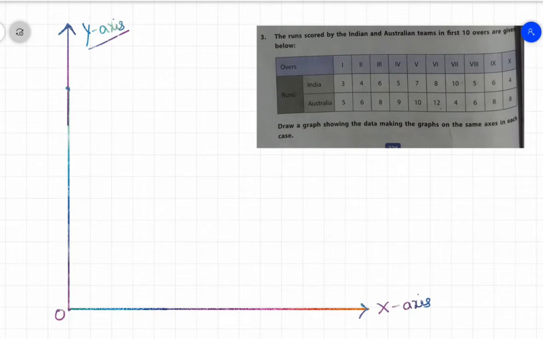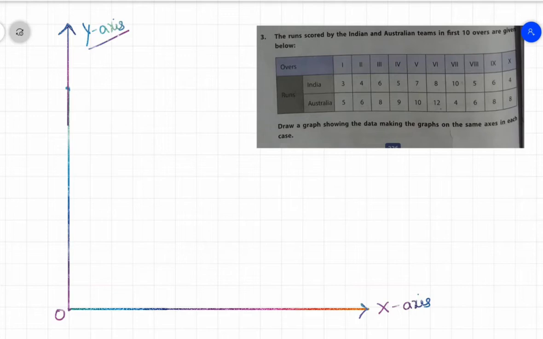The runs scored by the Indian and Australian teams in the first 10 overs are given below. See here, number of runs and the overs are given both for India as well as for Australia. Now what you have to do is draw a graph showing the data, making the graph on the same axis in each case.